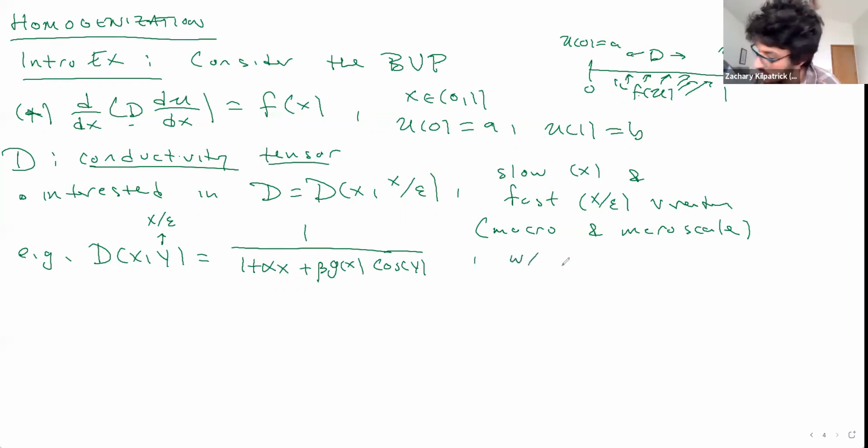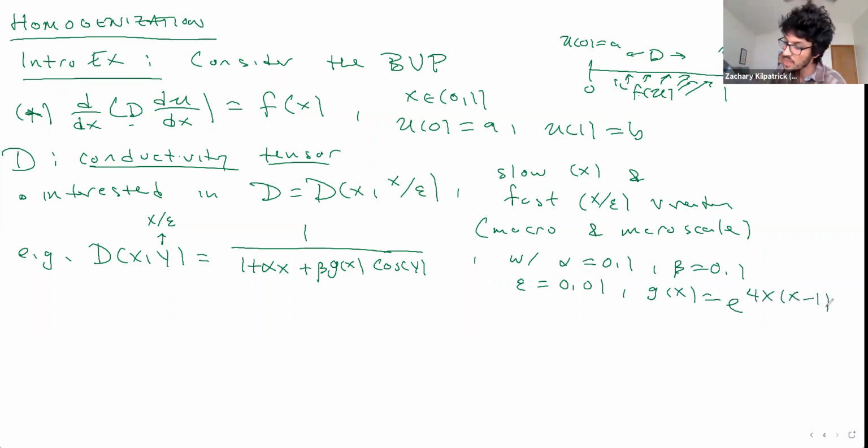Say alpha equals 0.1, beta equals 0.1, and epsilon is just our scale of this microstructure. And let's say g of x equals e to the 4x times x minus 1. So D, as we vary x, is going to be some decreasing function with this sort of microstructure in it.